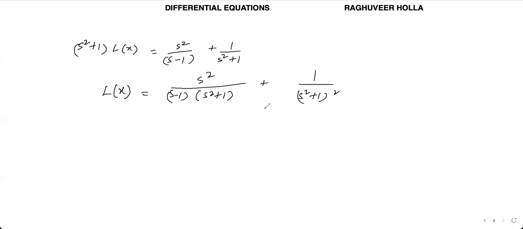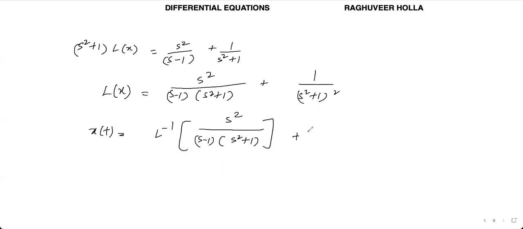And we need x of t, which is L inverse of s square divided by s minus 1 into s square plus 1, plus L inverse of 1 by s square plus 1 whole square.